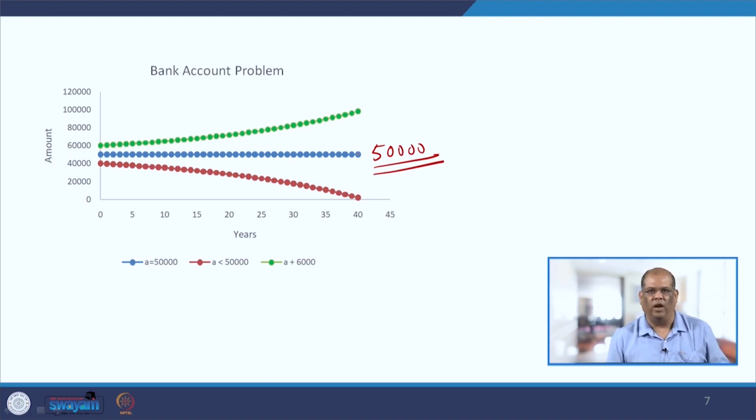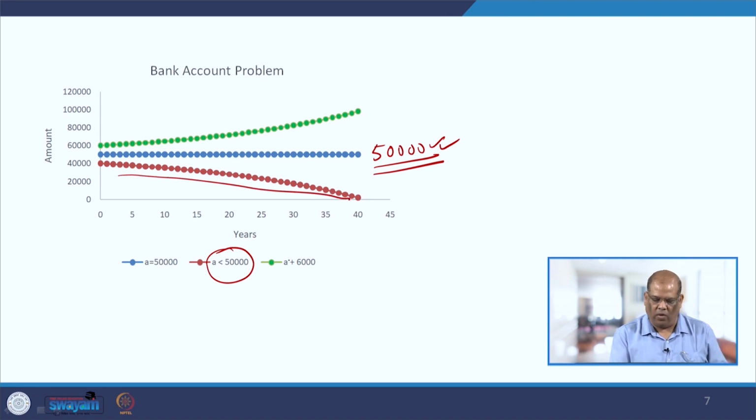So, the cash will never run out. That is the problem which we were facing and we have solved it. But obviously, you will be curious what will happen if A is less than 50,000. Then you can see that slowly your amount is decreasing and ultimately goes to 0.